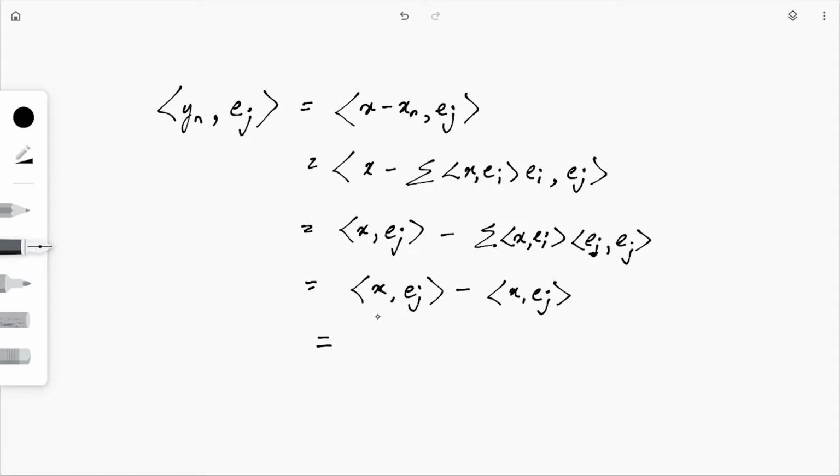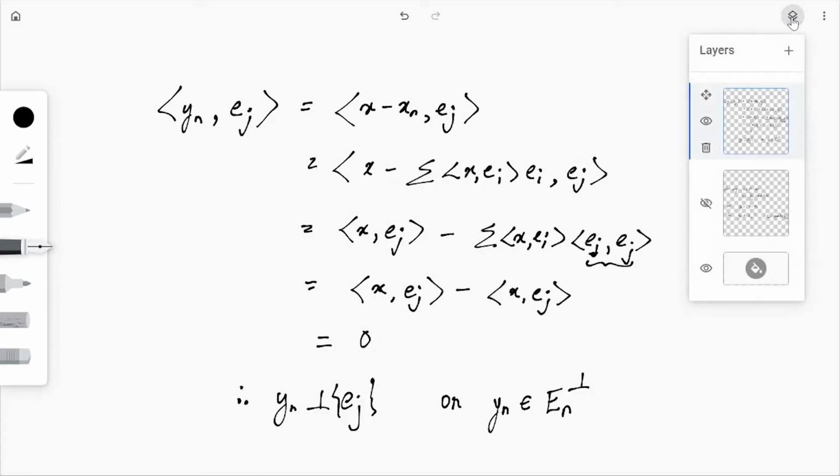So when i is j, this value will be 1, and all other terms will be 0, so this is nothing but 0. Therefore yn is orthogonal to the set ej, or yn is an element of en orthogonal, as en was the span of this set. So yn is an element of en orthogonal. I hope this much is clear.